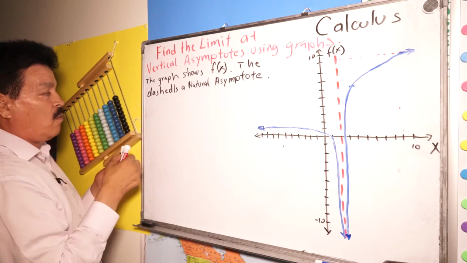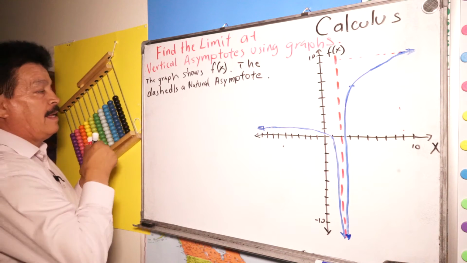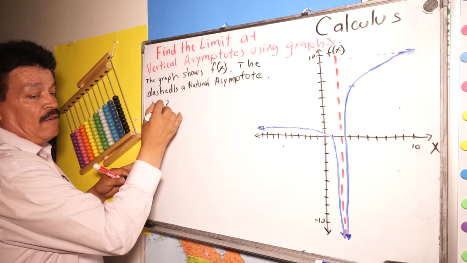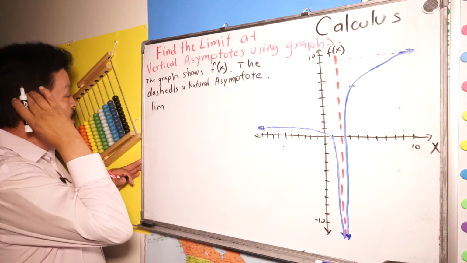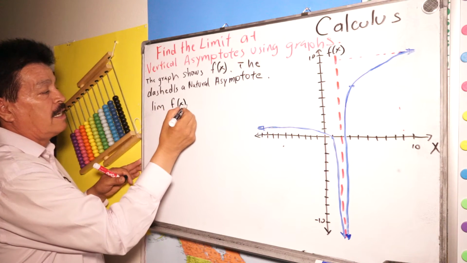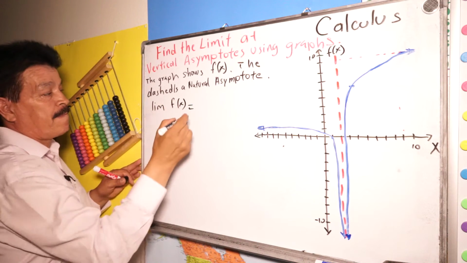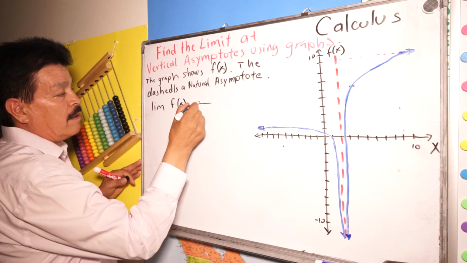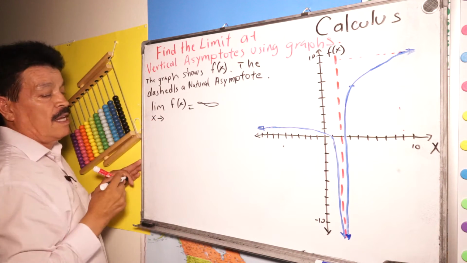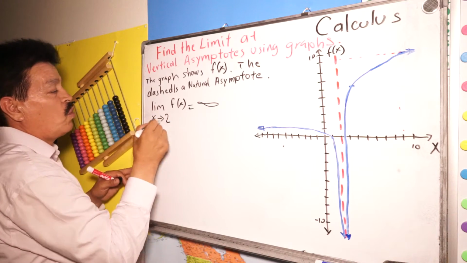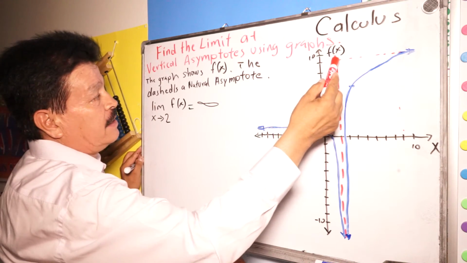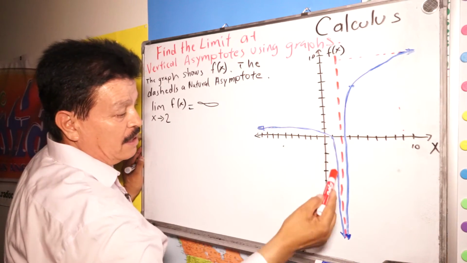Which one? One is the limit of f of x equals positive infinity as x approaches 2. Where is the limit here? This is the asymptote, the vertical line.